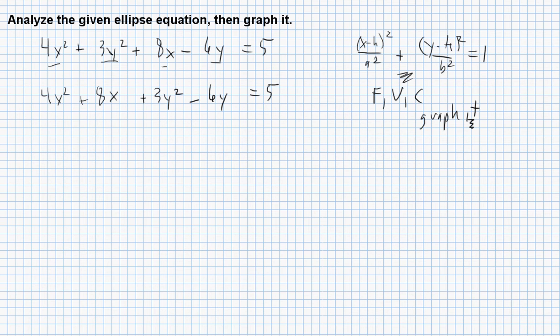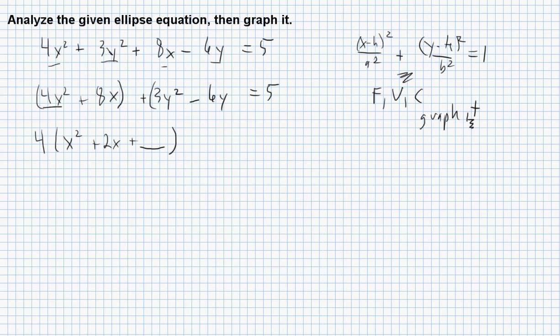In order to conveniently complete the square, we want to get that constant 4 away from the x squared. So we're going to divide this entire 4x squared and 8x chunk by 4. Going to divide that out, and it's going to give us 4 on the outside plus 2x, and then we're going to leave a blank there where we're going to add the value to complete the square.